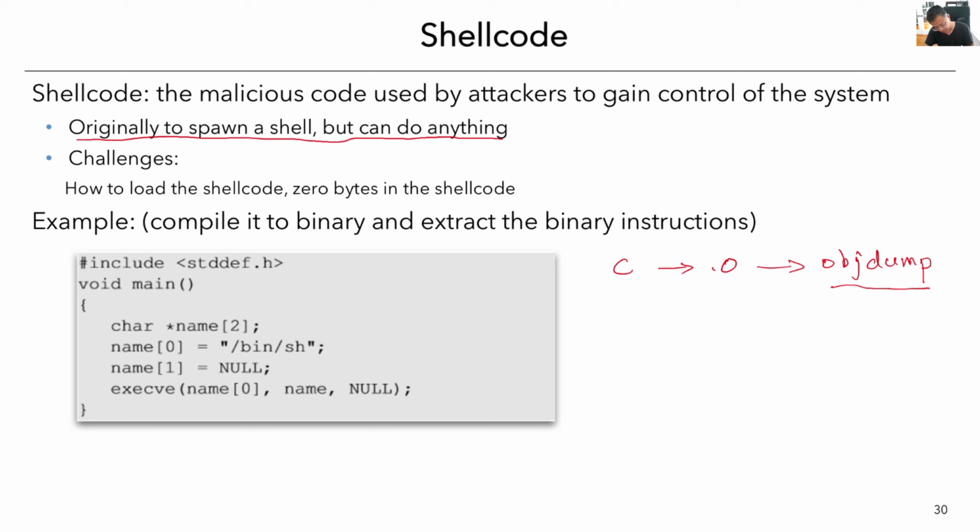Here is an example. We have execve, which is going to create a new process. Execve takes two parameters. The first is the command name. Then you have an array of arguments.